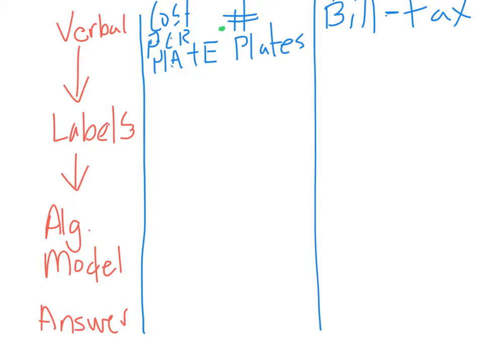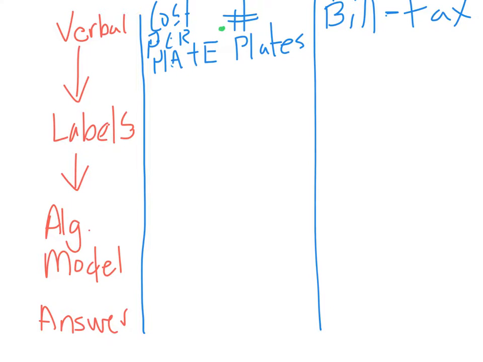Okay, so we have our sections here. We have verbal there. We have our labels. And we have our algebraic model down here, and we'll put the answer down here. Our first section is cost per plate times number of plates, and over here we'll have the amount of the bill minus the tax.